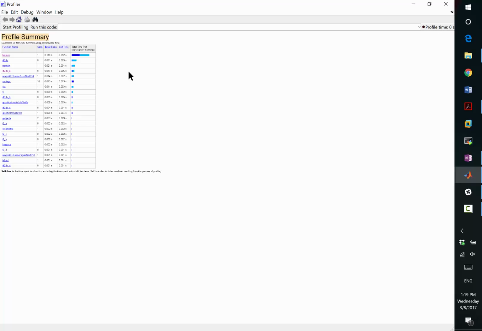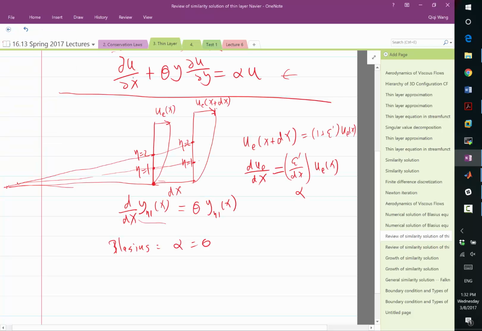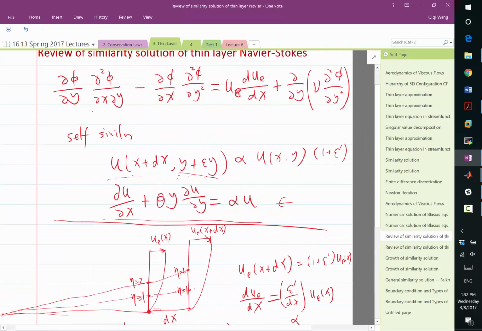So when alpha equal to 0, we have a relationship for phi from this self-similar differential equation, and we did an integration in y to deduce a solution. Basically, by integrating this in y once, we can remove the derivative with respect to x and derive a relation that gets rid of that derivative in x.